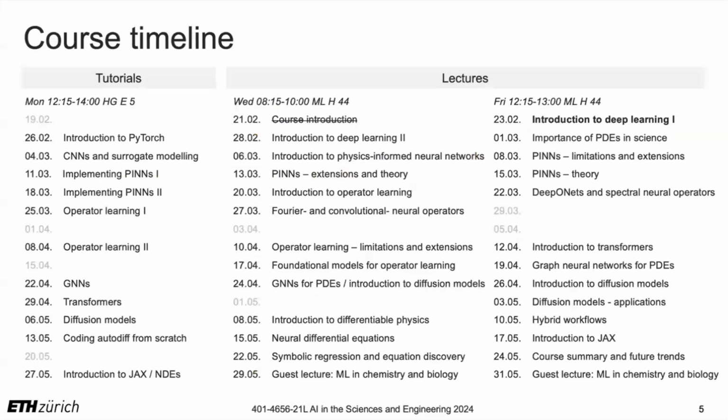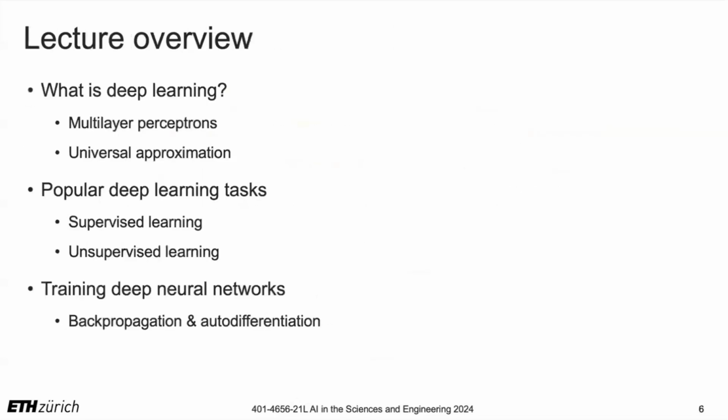Okay, so here's the course timeline that I showed last lecture. So we're on the second lecture, like I said, the first lecture of 2 on an introduction to deep learning. What we're going to cover in this lecture is a fairly high-level coverage of deep learning. First I'm going to explain what deep learning is. And I'm going to explain multi-layer perceptrons, one of the most basic neural network architectures there is.